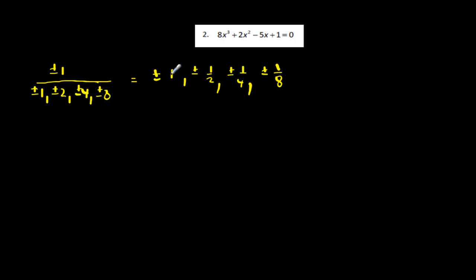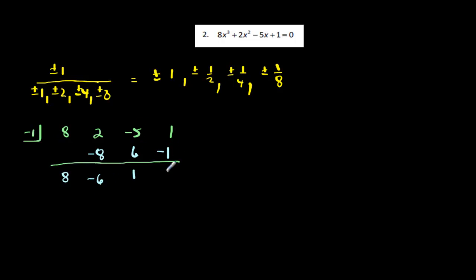So what we're going to do now is use synthetic division to show that -1 works and deconstruct this. So -1 going into the coefficients, 8, 2, -5, and 1. Bring the 8 down, multiply, add down, multiply, add down, multiply, add down.